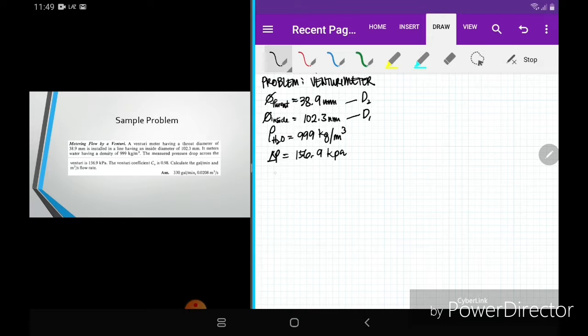We're also given the value of the coefficient of venturimeter, which is 0.98. We're being asked to calculate for, so we are required to calculate for the volumetric flow rate. So the volumetric flow rate in cubic meter per second. Okay.